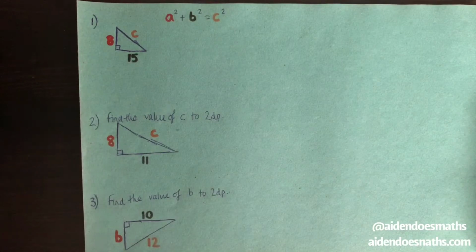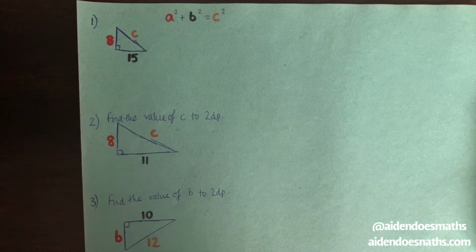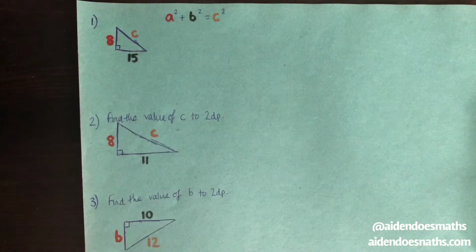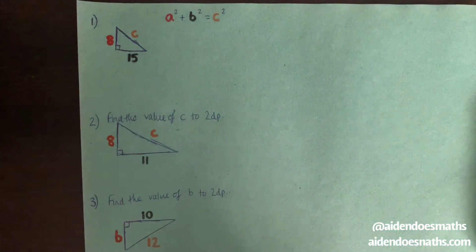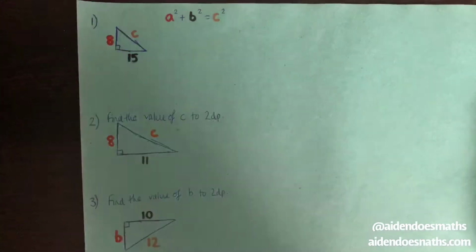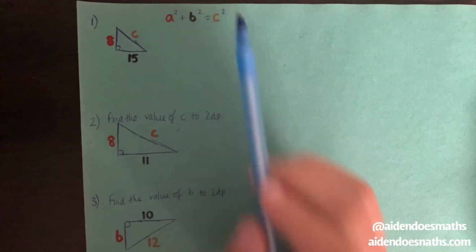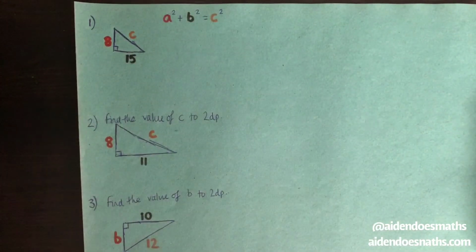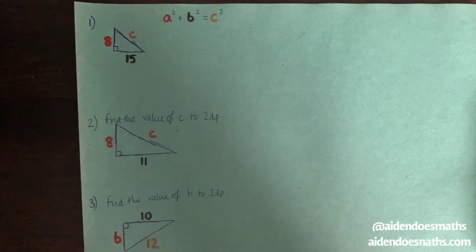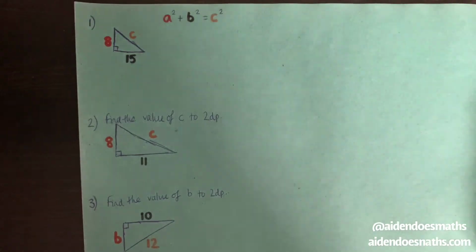So question 1, we can see again, right angle triangle. We've got a side of 8, a side of 15, and a missing side, which is C this time. So where we used X before, we just called it C this time. So let's use our formula here. A squared plus B squared equals C squared, Pythagoras' theorem. And we're going to try to work out this missing side C. So we may as well use our colours.